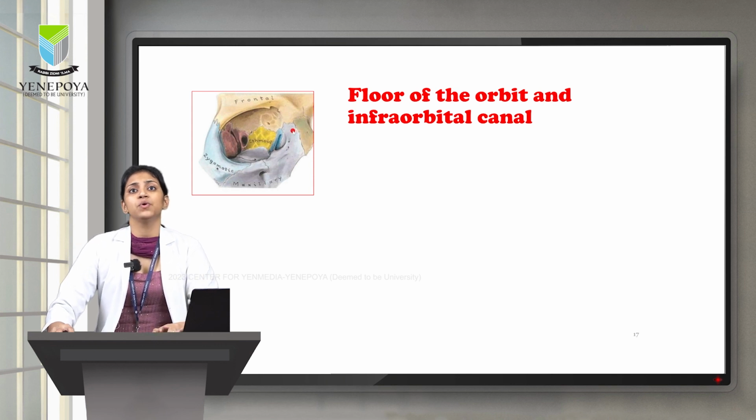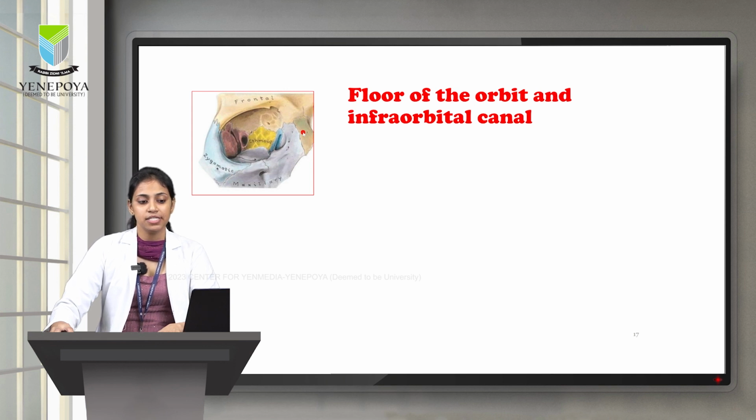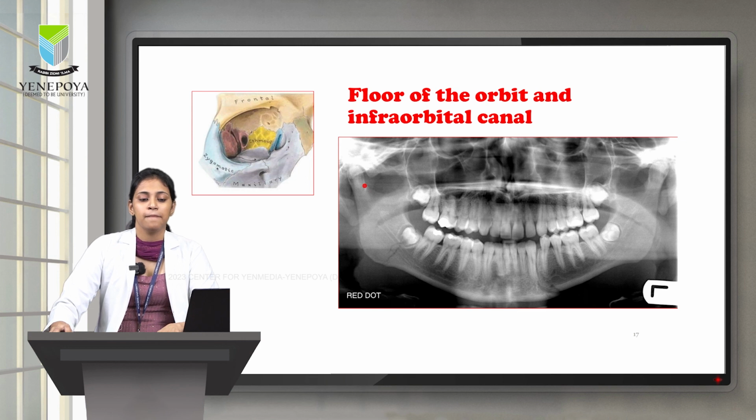Next, we will be looking at the floor of the orbit and infraorbital canal. The orbit is a pyramidal bony cavity situated on each side of the root of the nose, which houses the eyeball. On a panoramic radiograph, the orbit is seen as round radiolucent areas, bilateral in appearance, located just superior to the maxillary sinus.